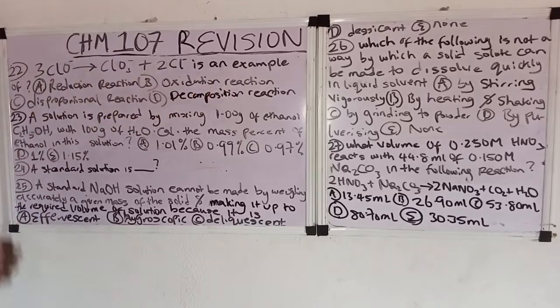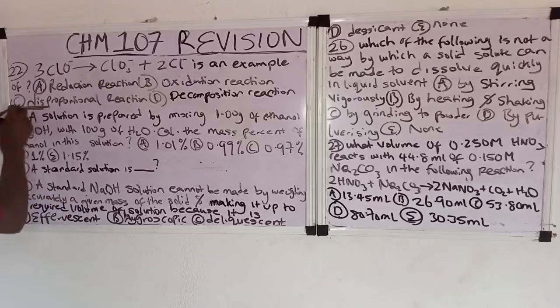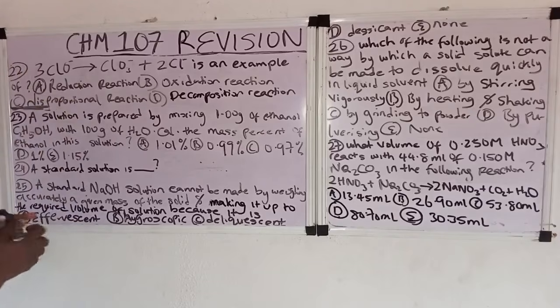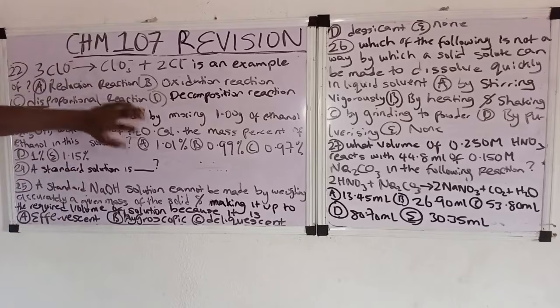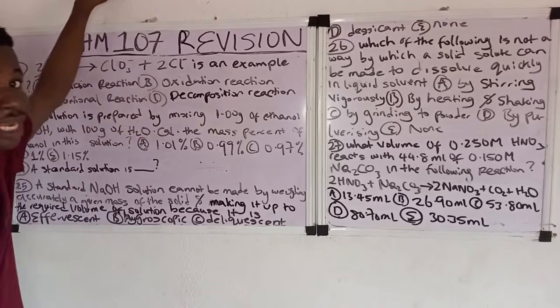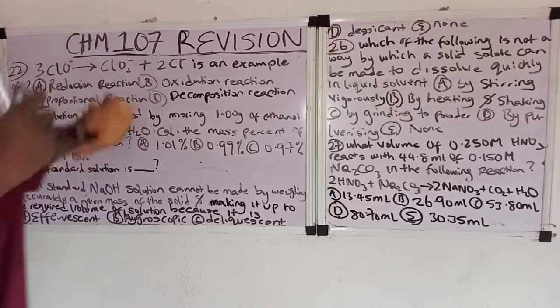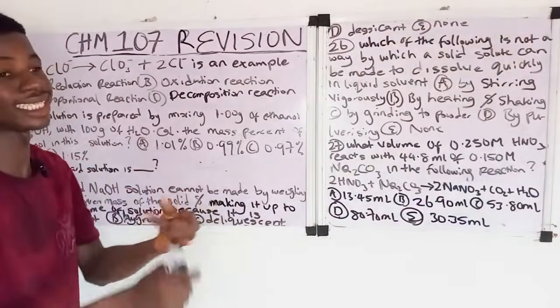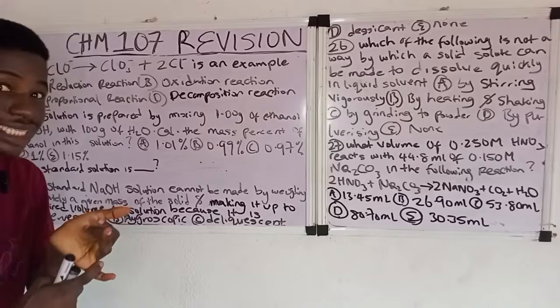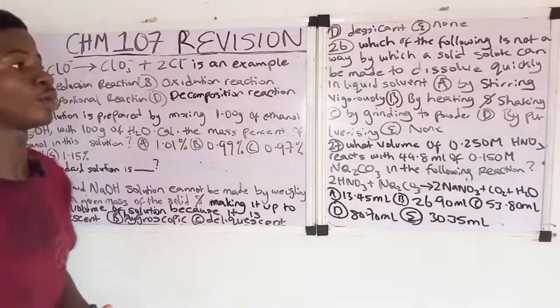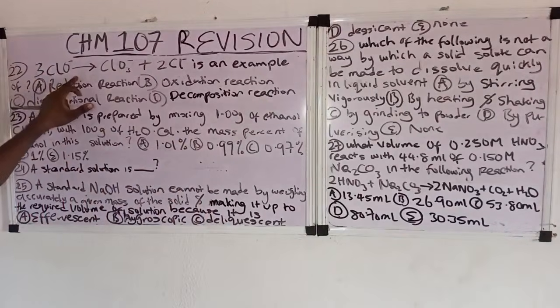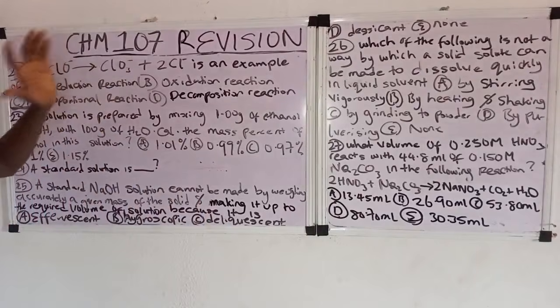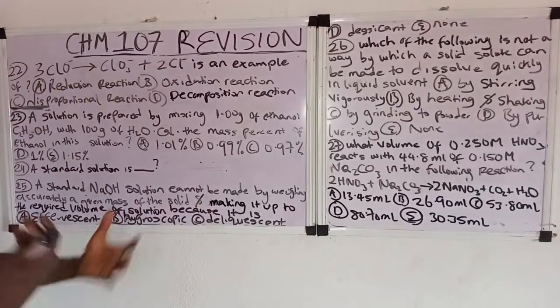This type of reaction is an example of a disproportionation, or a disproportional reaction. A disproportional reaction is a reaction whereby one substance behaves as an oxidizing agent as well as a reducing agent.